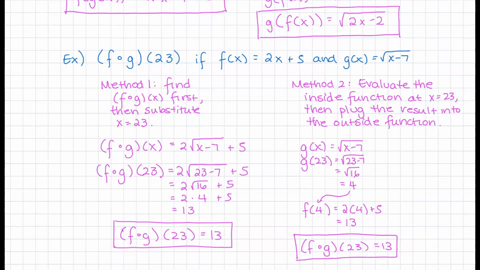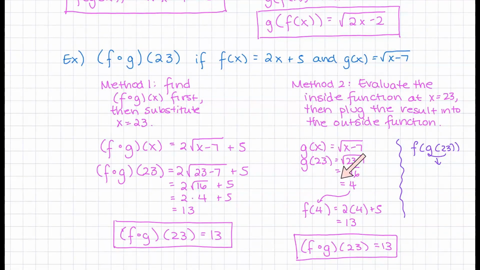But here's why that makes sense. I'm just going to do a little thing over here. Remember another way to write f composed with g of 23 is f of g of 23. And we just found g of 23.